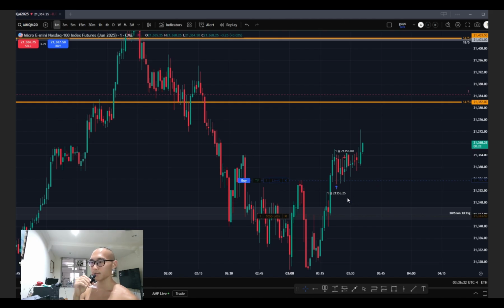Then we have displacement, then we have this BC, and also a silver bullet, because we are inside the 3 to 4 o'clock London silver bullet zone. So yeah, it would have been a very nice trade here, $40 and stuff, 20 points.